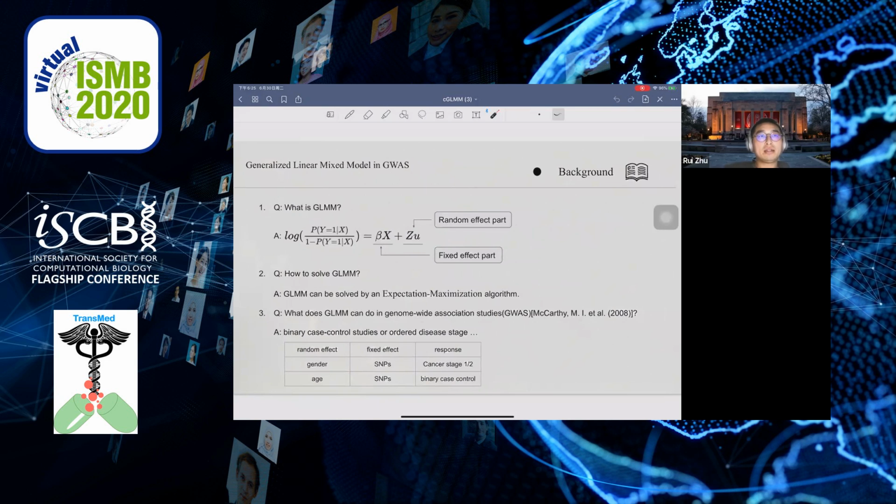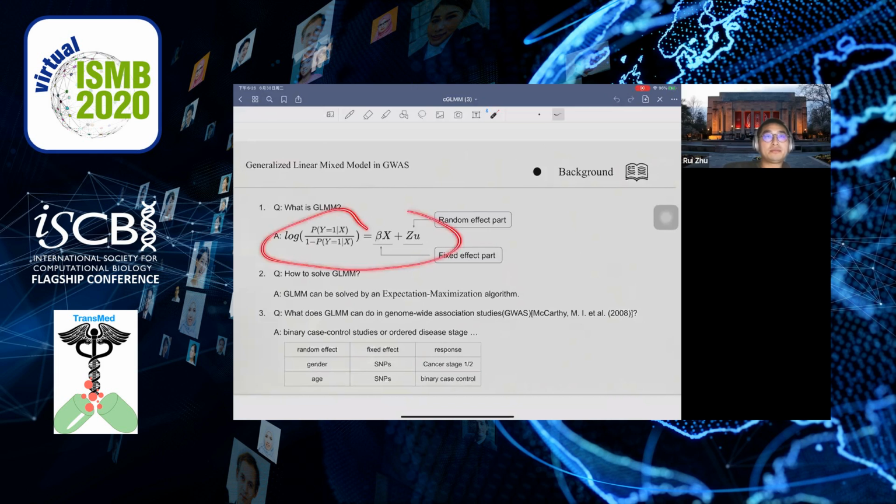So, generalized linear mixed model, or so-called GLMM, has been widely used in GWAS. So what is GLMM? GLMM is an extension of generalized linear model, where we can consider some discrete variable like gender or type of blood as random effect.